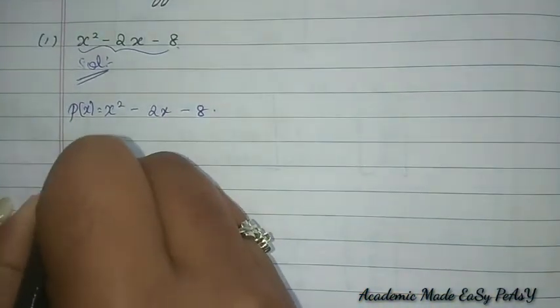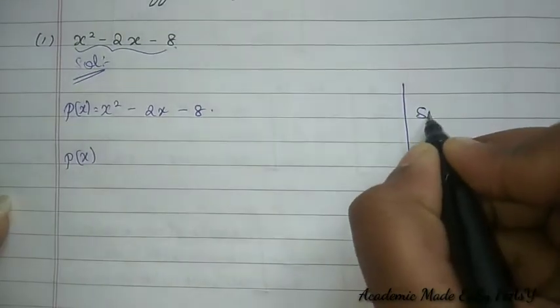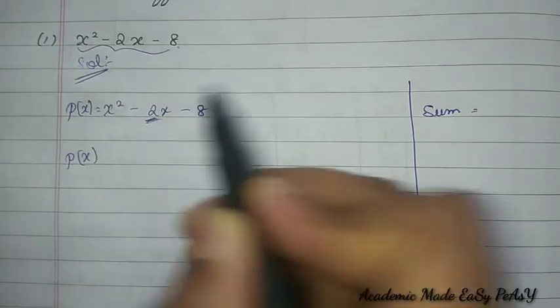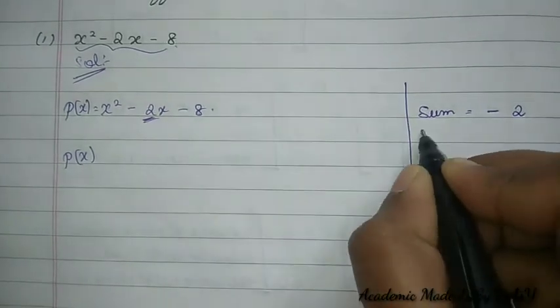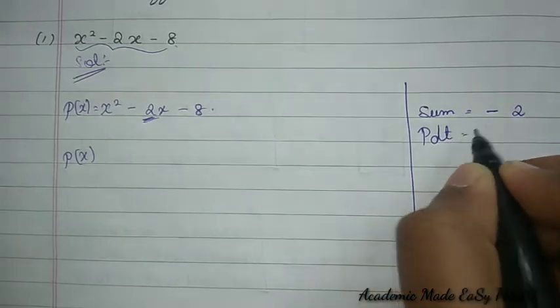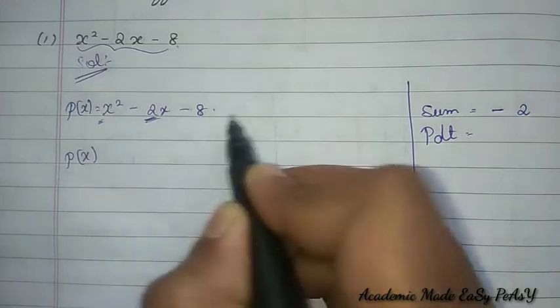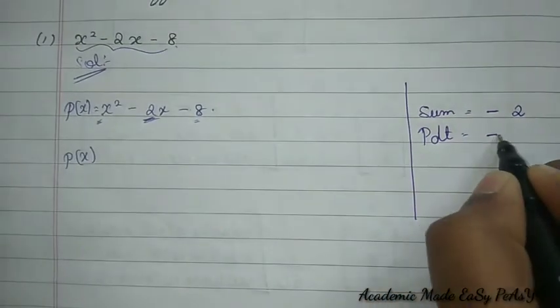I will be splitting this polynomial by taking the sum, which is minus 2, and the product, which is 1 into minus 8, the coefficient of x square and the constant. So 1 into minus 8 is minus 8.